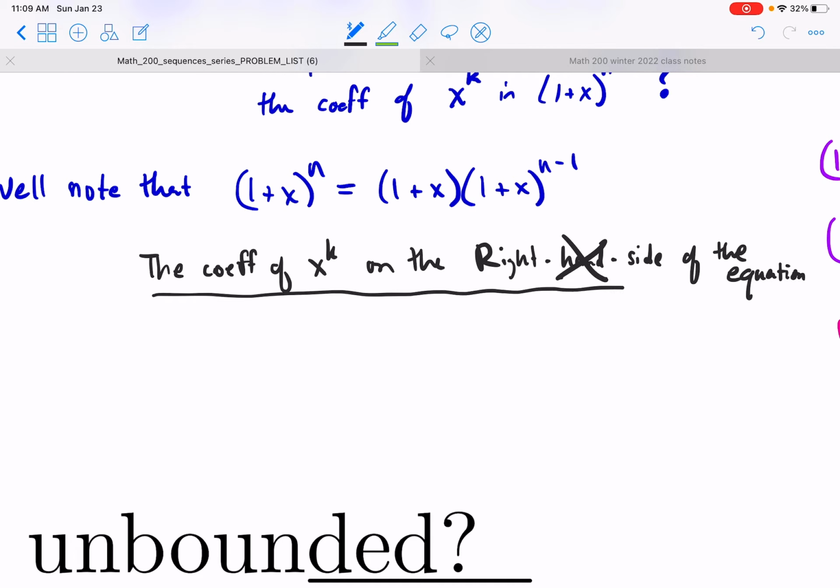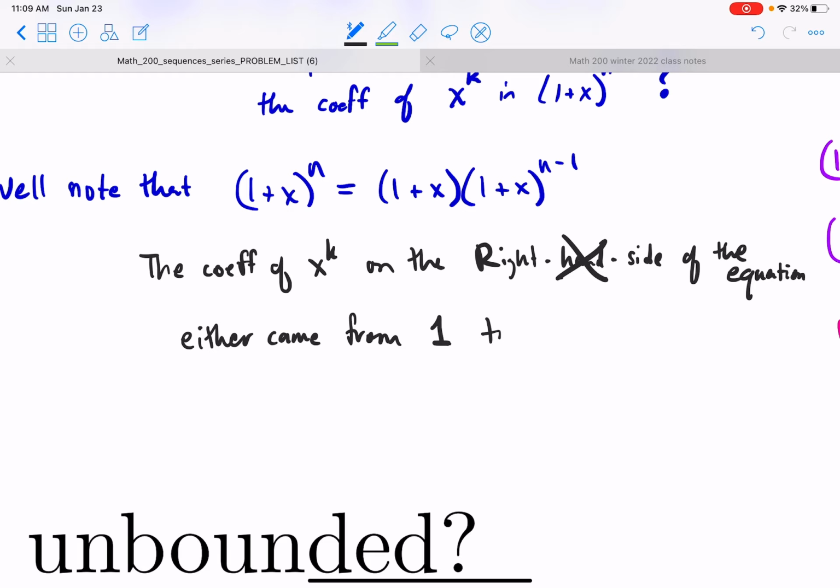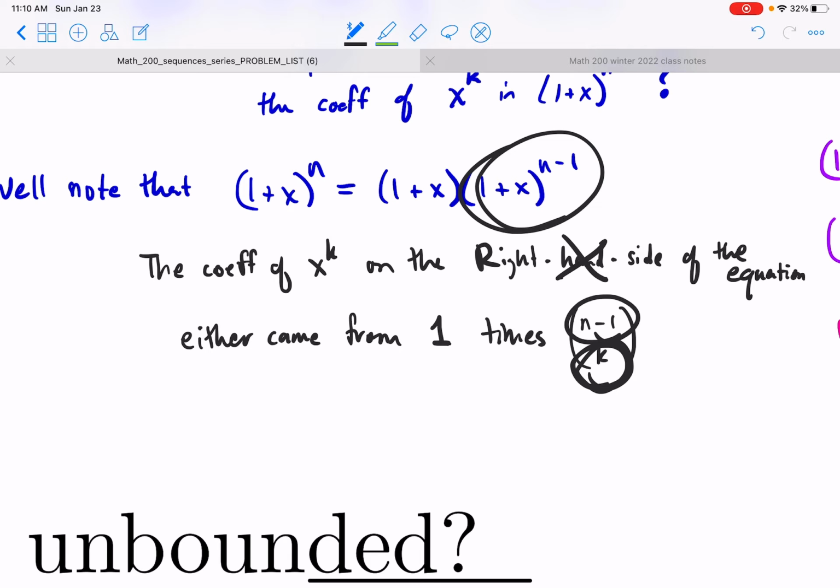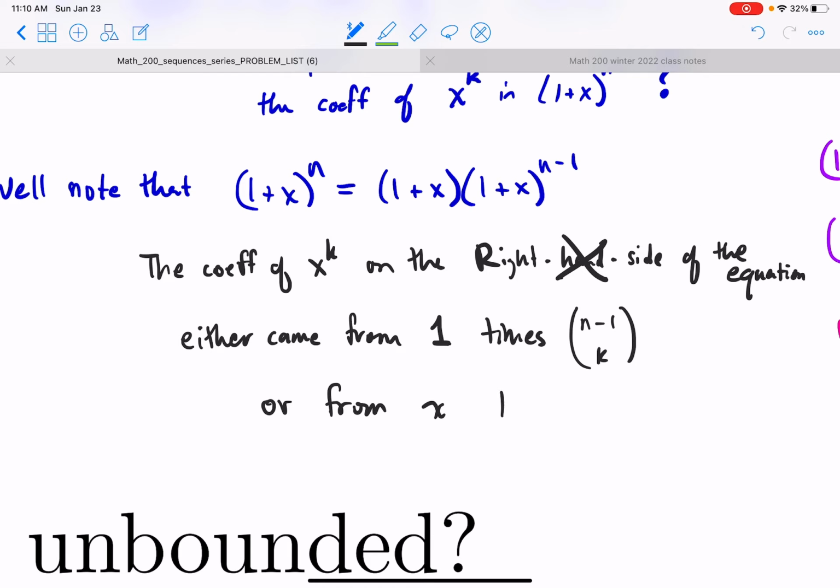The coefficient of x to the k on the right-hand side of the equation either came from 1 times the coefficient of k from this, the 1 doesn't raise the exponent, so it would be the coefficient of k in this thing, or from x times the term in here that had a power 1 less, the k minus 1 less.